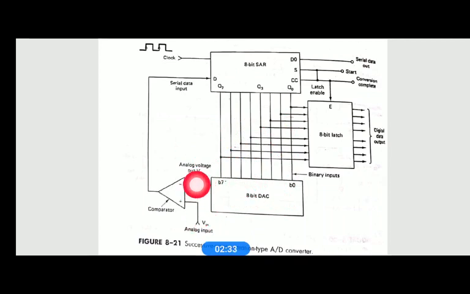This analog output of the DAC is compared with our applied analog value. If both are equal, then the SAR value given to the DAC is the value for our analog input. That is latched by using the 8-bit latch.